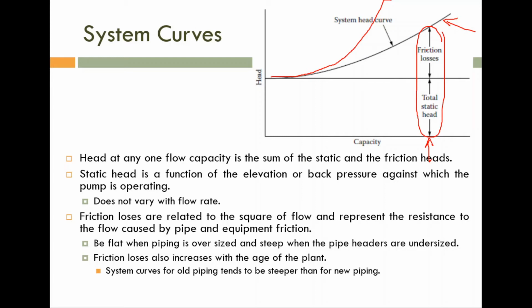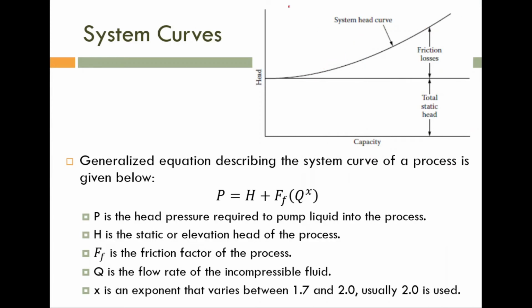Please note, the system curve has two parts. One is this total static head, that is H. It is known as the static head or elevation head of the process.